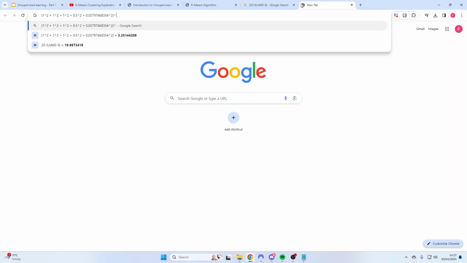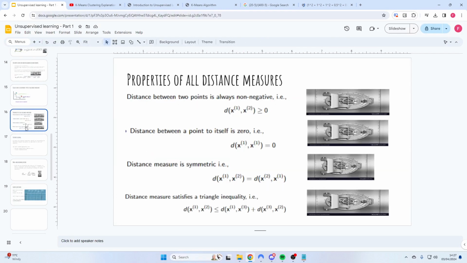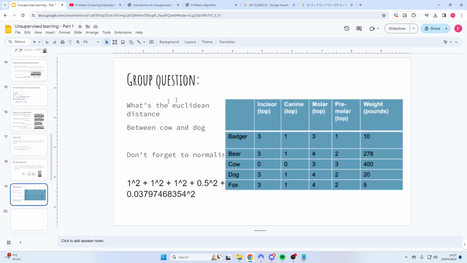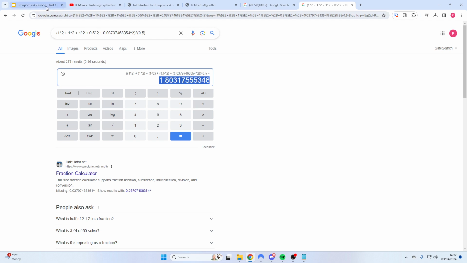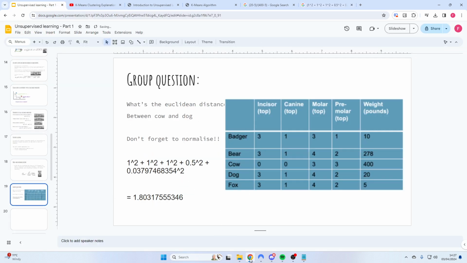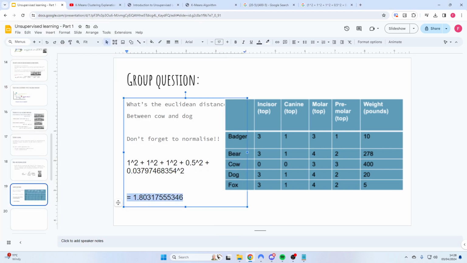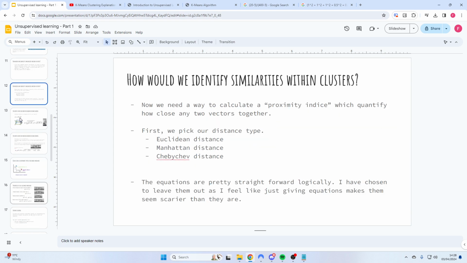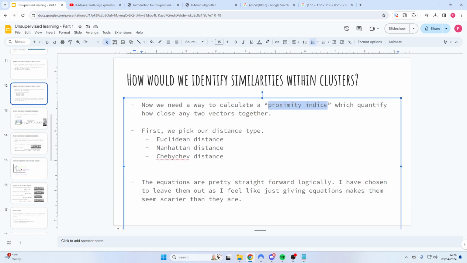So we just want to take this and also square root it, because we have to take the square root at the end. So we took the difference between each of them, squared them, and then square rooted it at the end. Let me know if I made a mistake there. Okay, so this is, what did we call it? The proximity index.